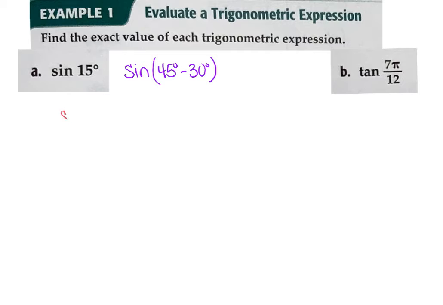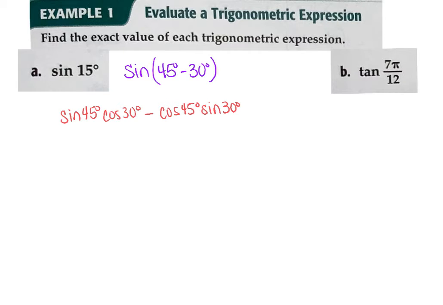So I can say the sine of the first one times the cosine of the second one. And it's subtraction with sine, so I'm also going to use subtraction, minus the cosine of the first one times the sine of the second one. All right? Literally just plug it into the formula.